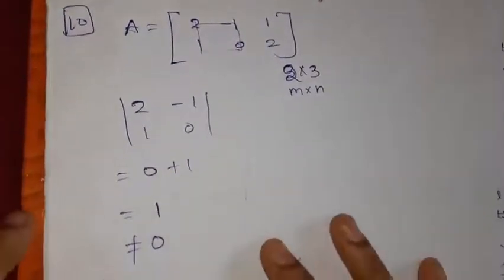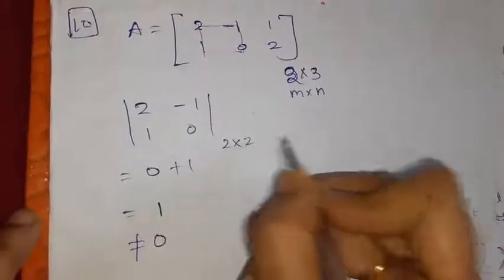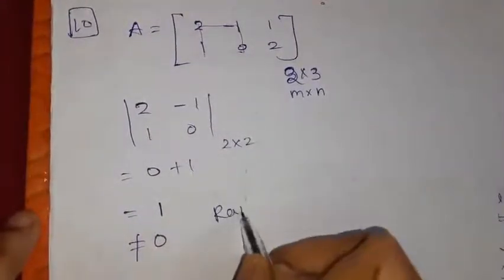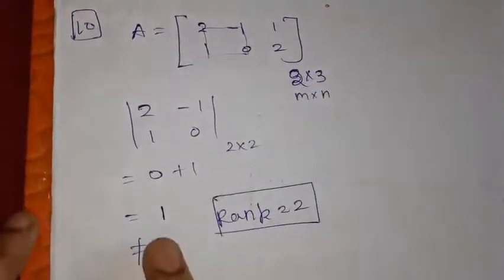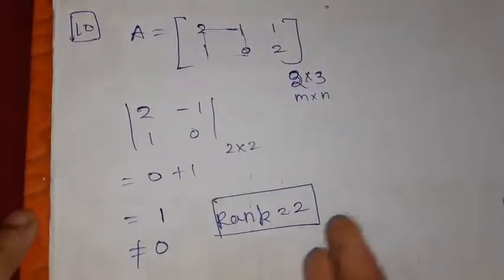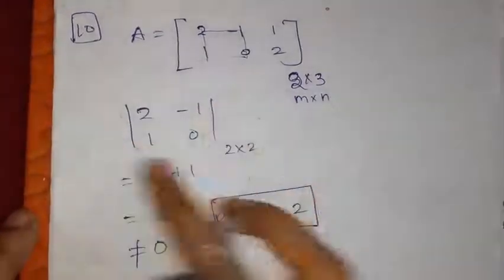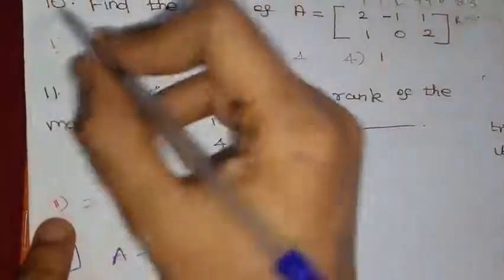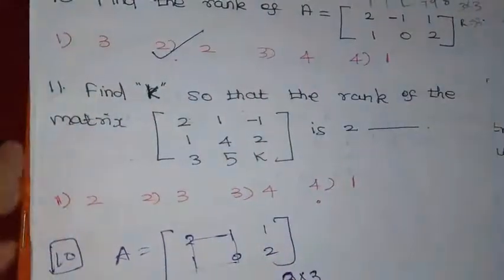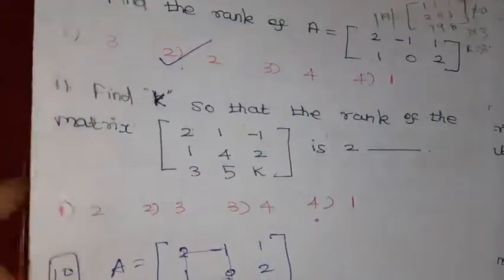So the rank, since this is a 2 cross 2 matrix, is obviously 2. If it is not equal to 0, then the rank is 2 itself. So at least any one minor should not be equal to 0. For this question 10, option 2, the rank is nothing but 2 only.